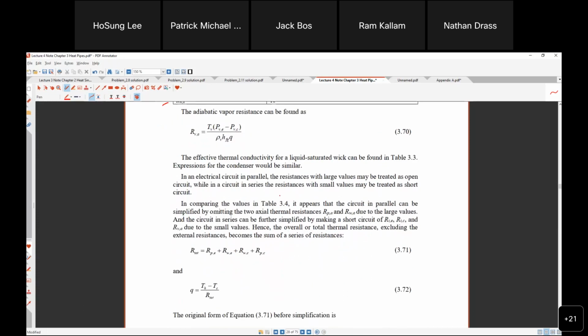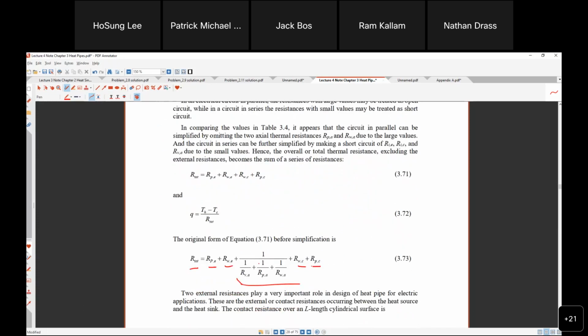So when we look at vapor, this is so small compared to this. So when we compare 1, 2, 3, which one is negligible? This is so small, this is large, this is large.